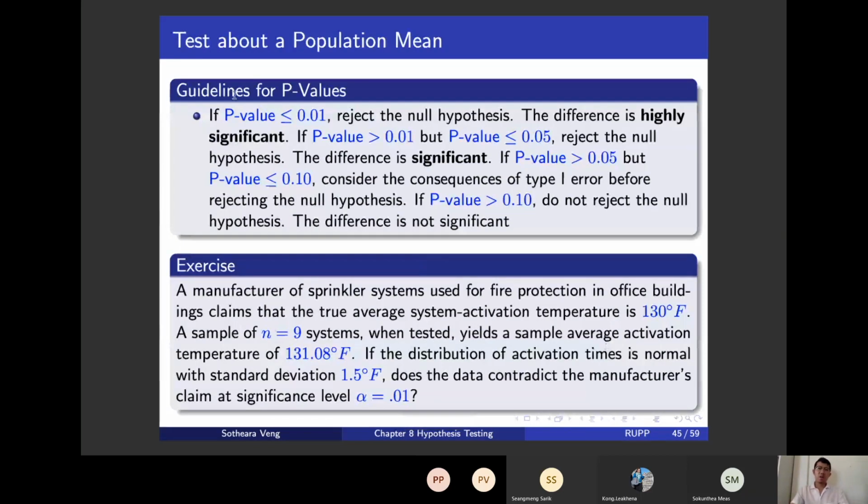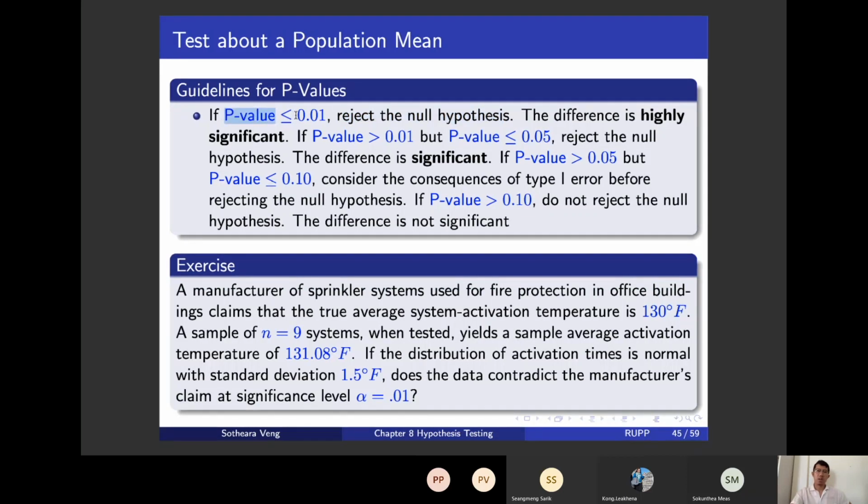That's why we have some guidelines for the p-value. If you compare the p-value with the significance level and find that the p-value is less than 0.01, reject the null hypothesis, and in this case the difference is highly significant, because the p-value is very small.